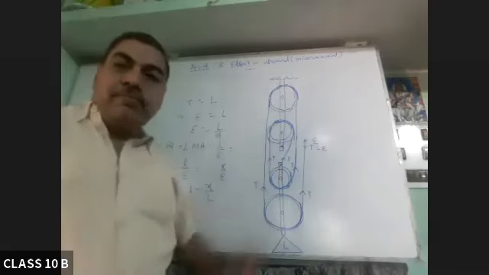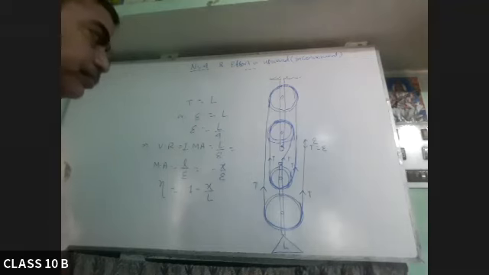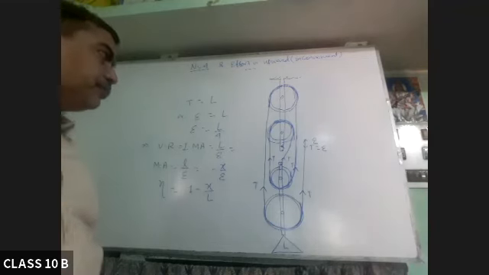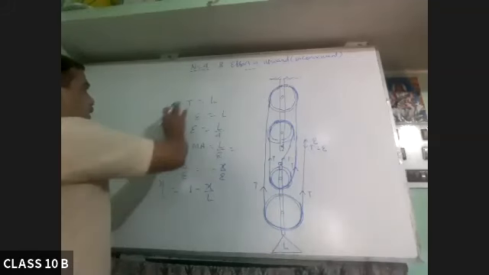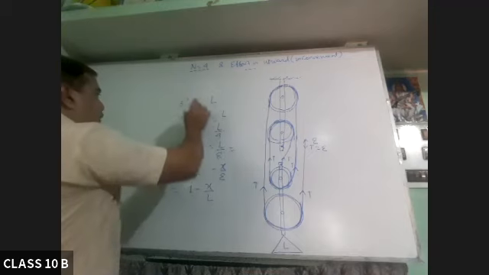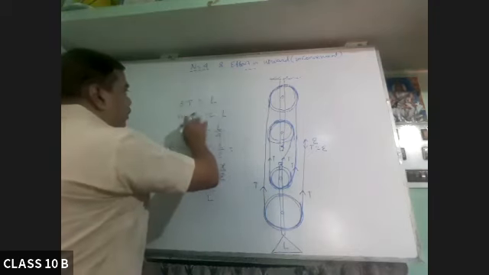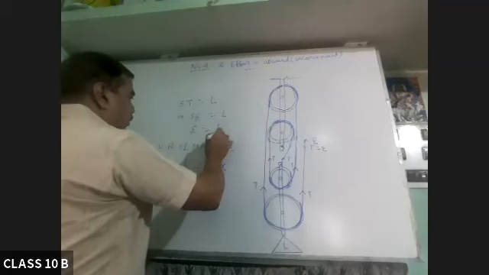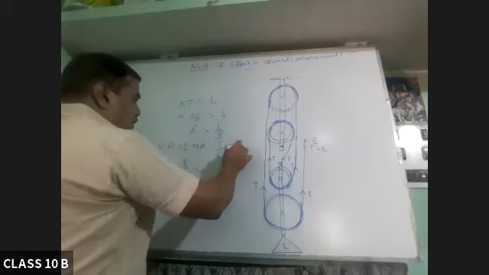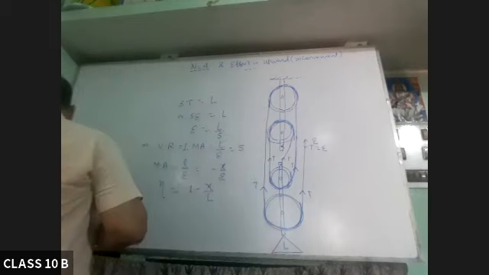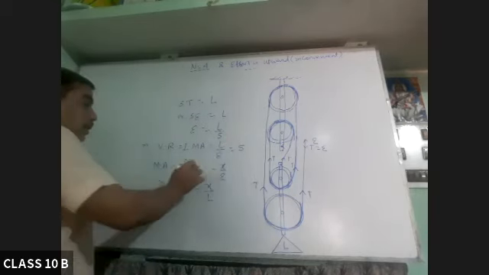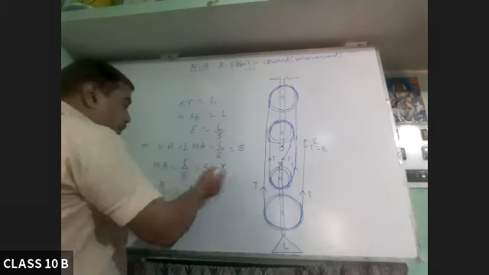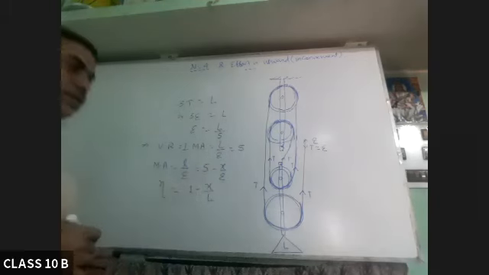So what will be the velocity ratio? 5. So in this case, 5 tension is balancing the load. So effort is this one. Mechanical advantage will be 5 less than 5 efficiency percent.